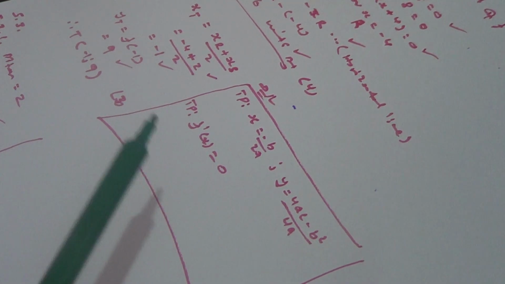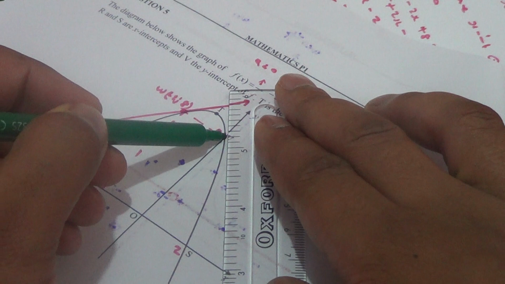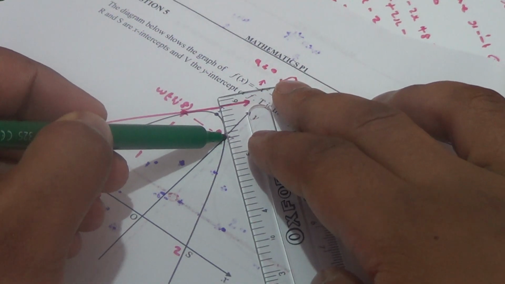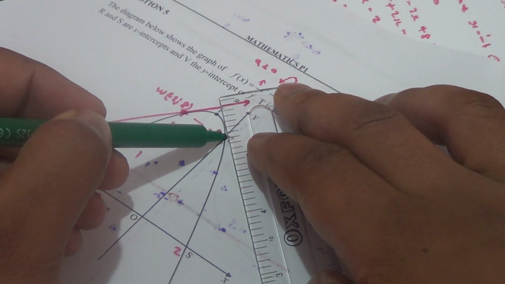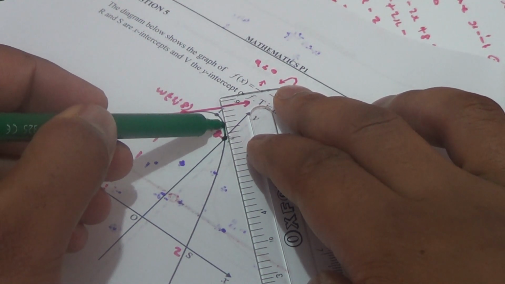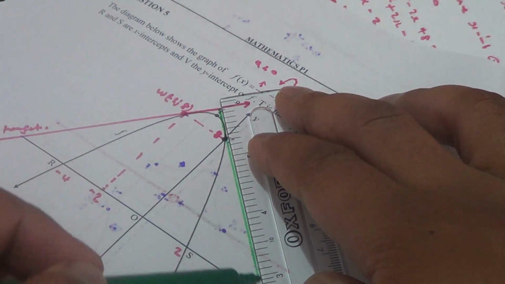Okay, so this situation says on our graph we have now a line that passes through this point V but is perpendicular to our tangent line. So we'll show this one in green.